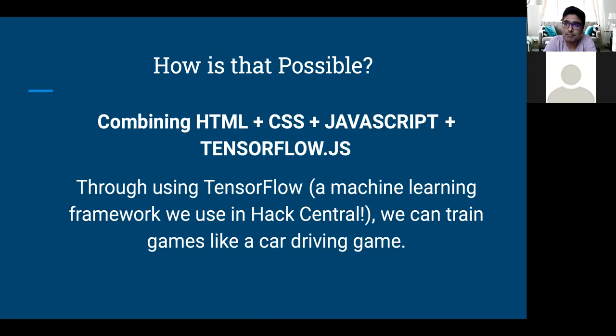Whenever we're talking about any machine learning algorithm, whether it be linear regression, KNNs, SVMs, whatever the case might be, we're always using TensorFlow with Python. Similarly, there is a TensorFlow framework for JavaScript. And using that framework, we can train our game on certain weights and biases, entering certain inputs, certain labels and features.